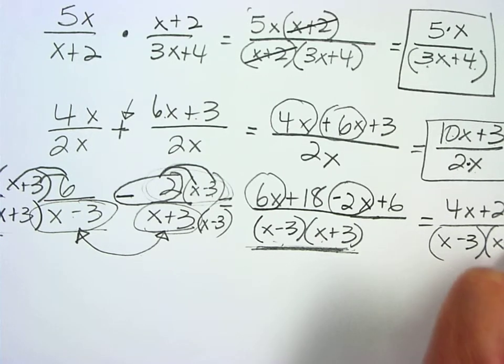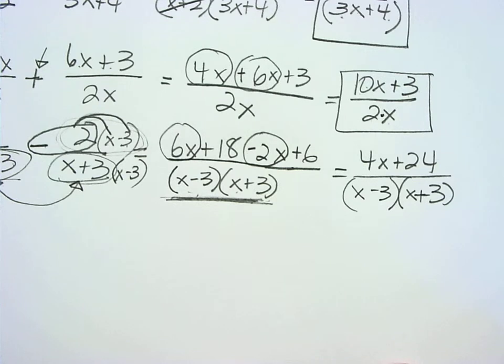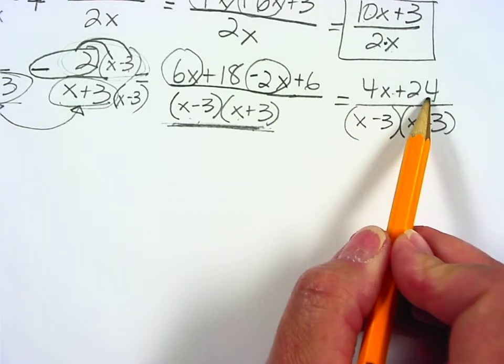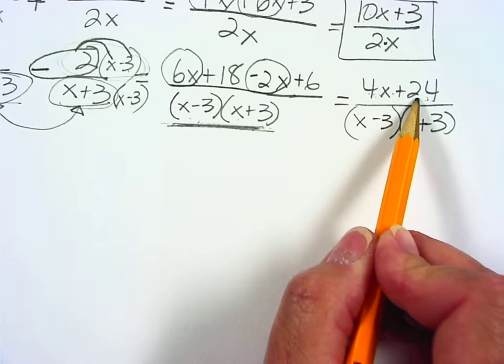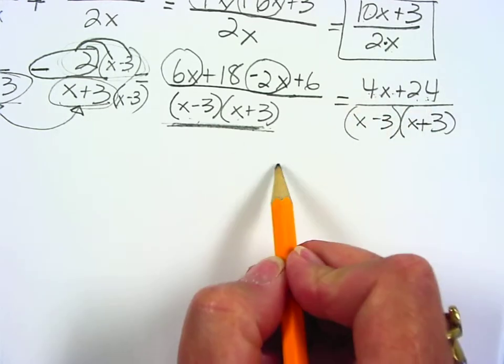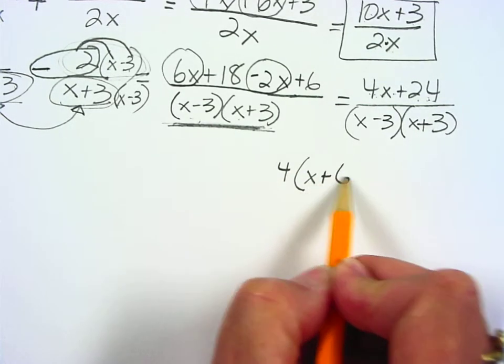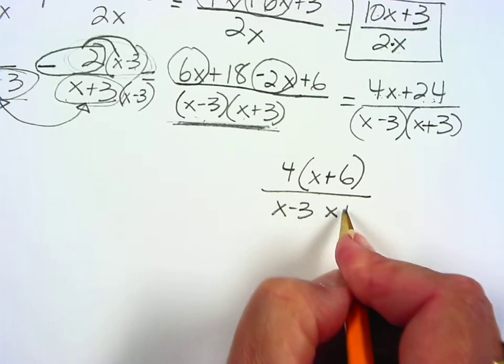x plus 3. Now, I don't see anything that I can cancel out, but I notice 4x plus 24 can be factored because I can pull out a GCF. Binomial, use your menu. So I have 4 times x plus 6 over x minus 3, x plus 3.